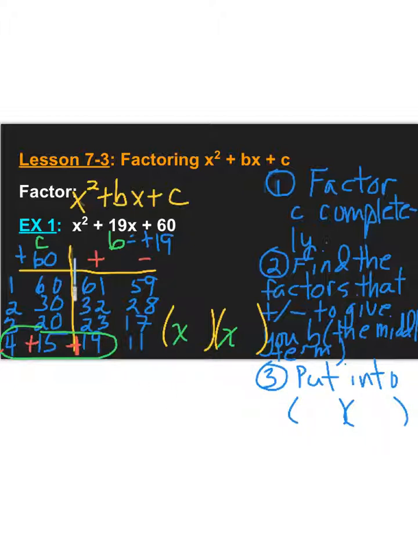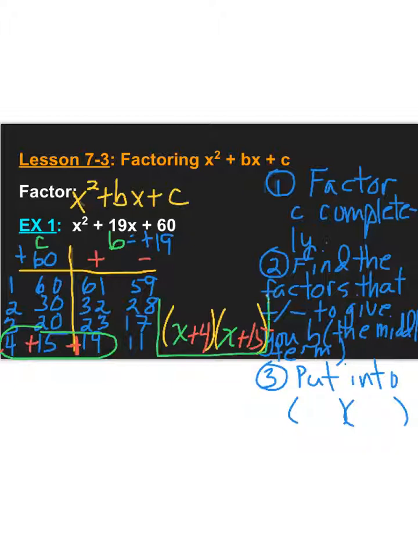Because there's no coefficient in front of the squared term, we can just take directly from the table and plop them right here into our parentheses. So here they go. And then this is our final answer.